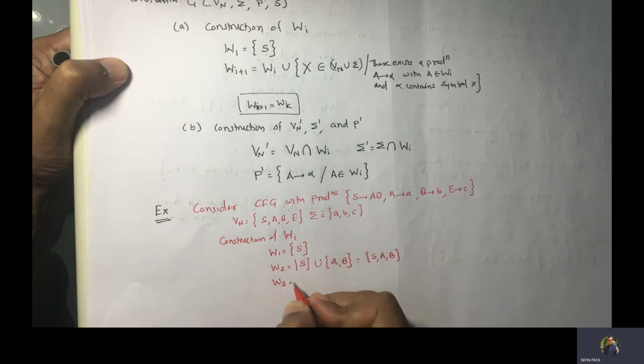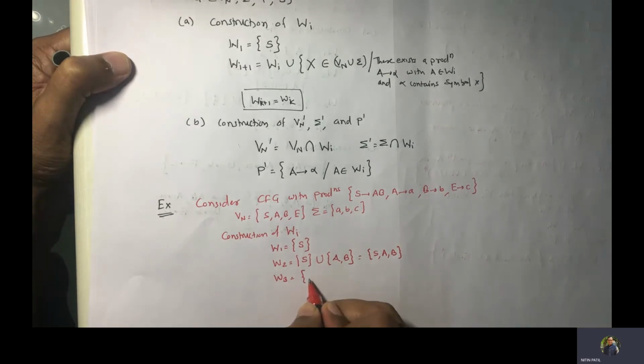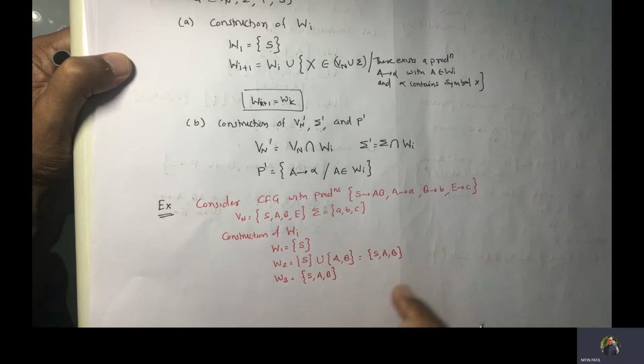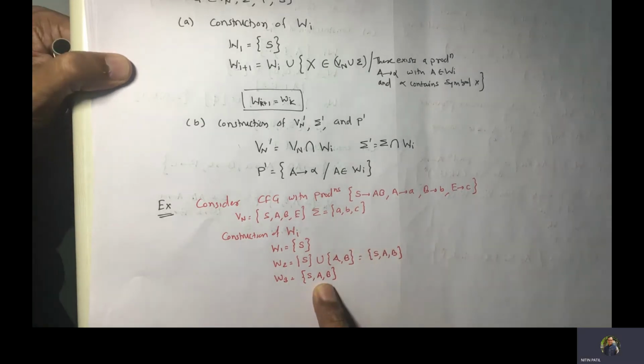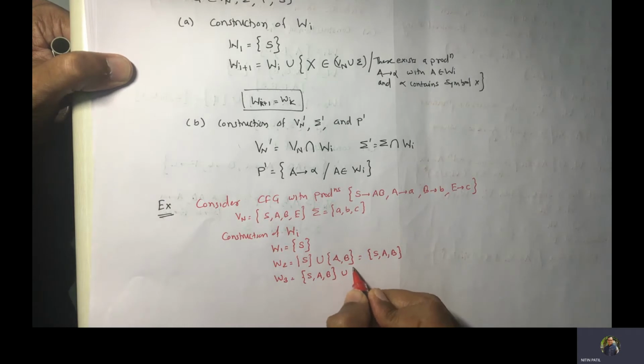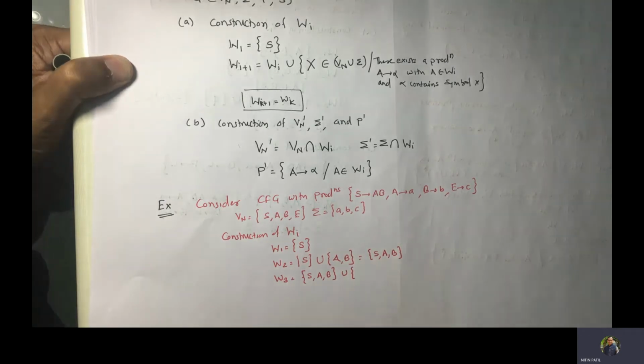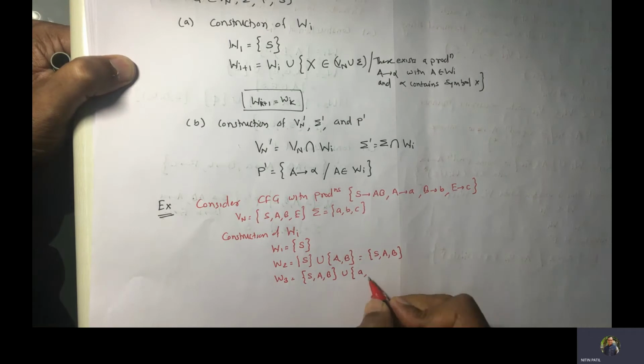Now W3 would be the previous W, S, A, B. As there is no new production for S, these A and B are the newly entered elements. So now we will write union. What is the production for A? A gives a, so we'll include a. What is the production for B? B gives b.